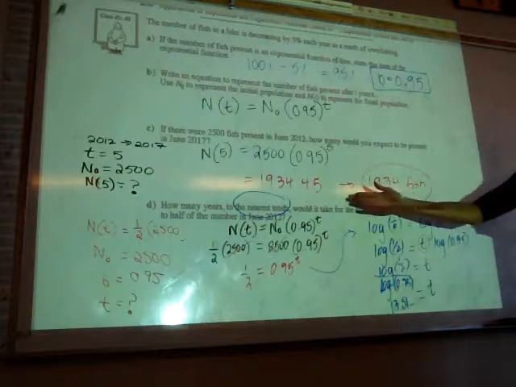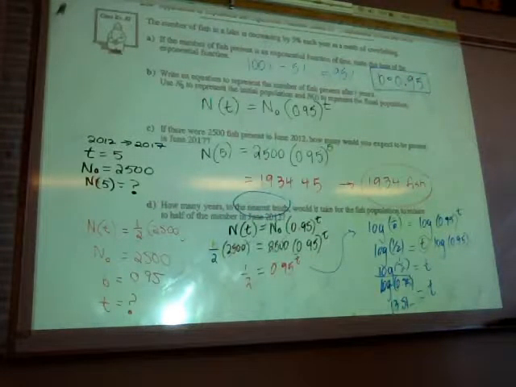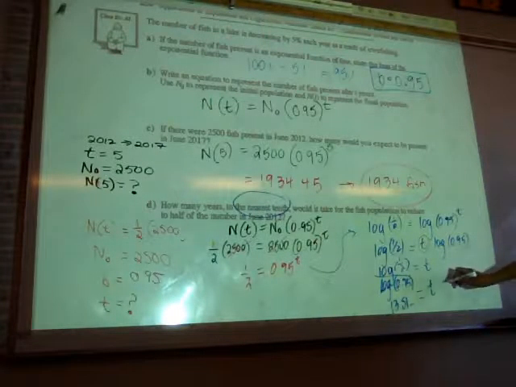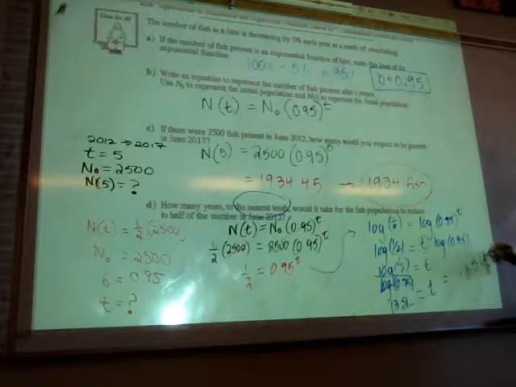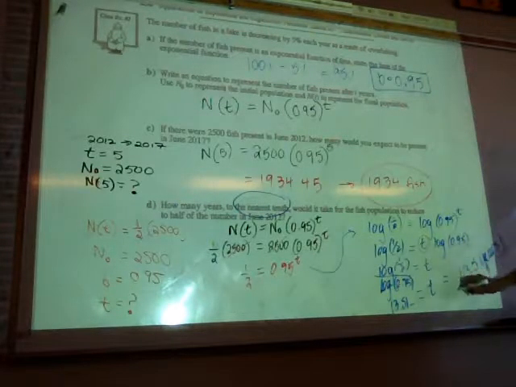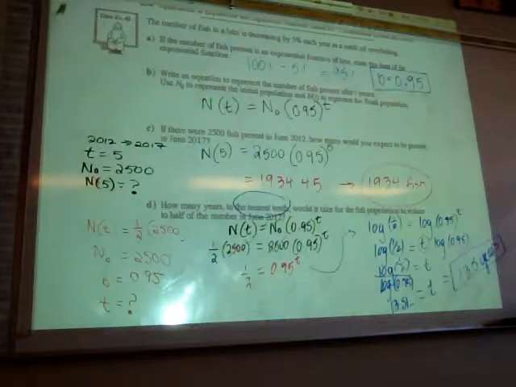Luckily the question is guiding us. They're just saying whatever answer you get, round to the nearest tenth. It's not what would make sense in context, it's what's your answer, round that to the nearest tenth. So we would have 13.5 years. If it tells you to round to a certain amount, just round to that amount. Don't even think about it.